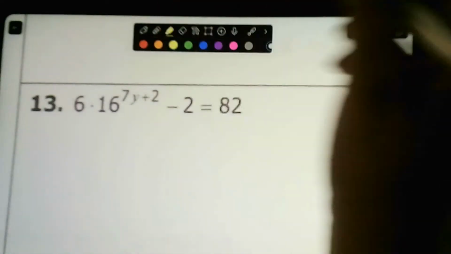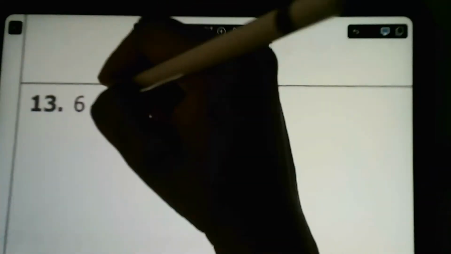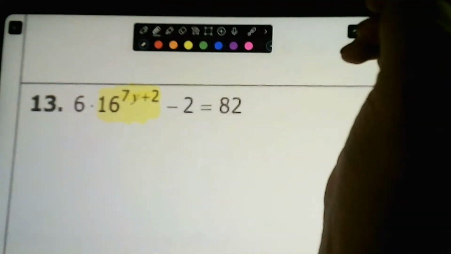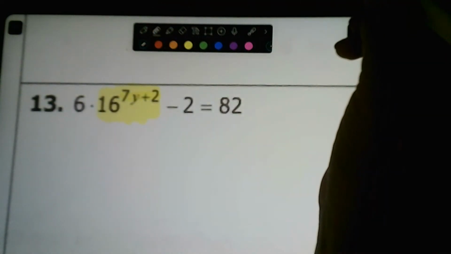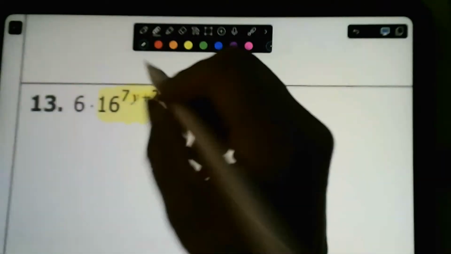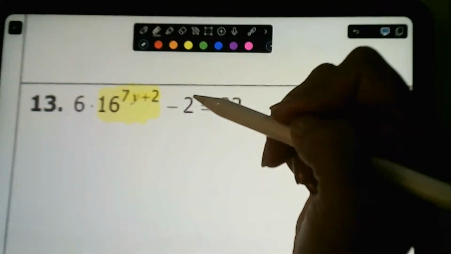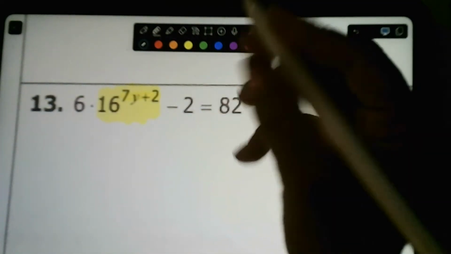Okay, looking at number 13. I see, here's my variable in the exponent, and it's sitting on this base. So that's the thing I need to isolate and get by itself. It's being multiplied by 6, and it's having a subtraction of 2.